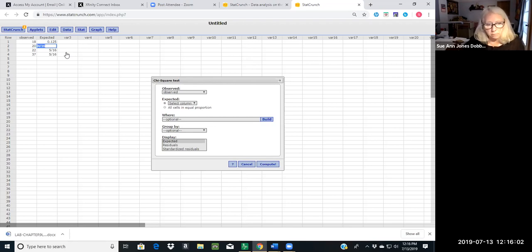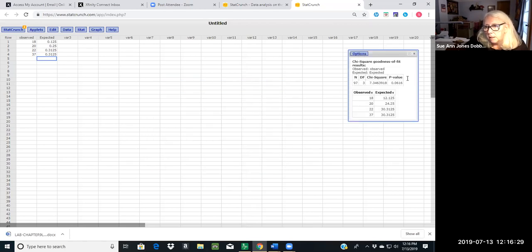Okay, that's 0.25. Let's see if it'll allow that now. Okay. Right, so now I've got them as decimal numbers, and let's see if it'll do that. Okay.